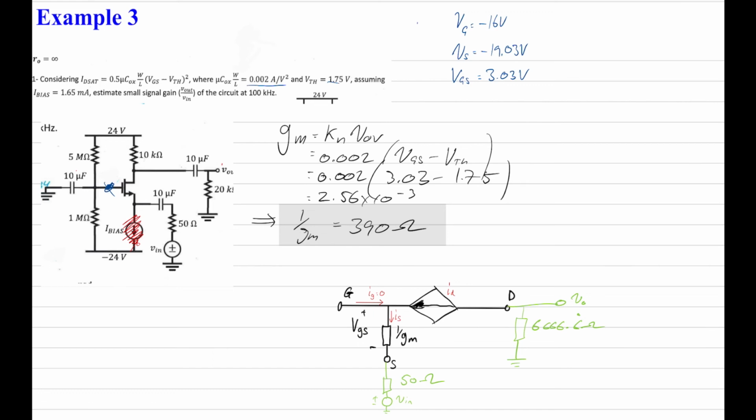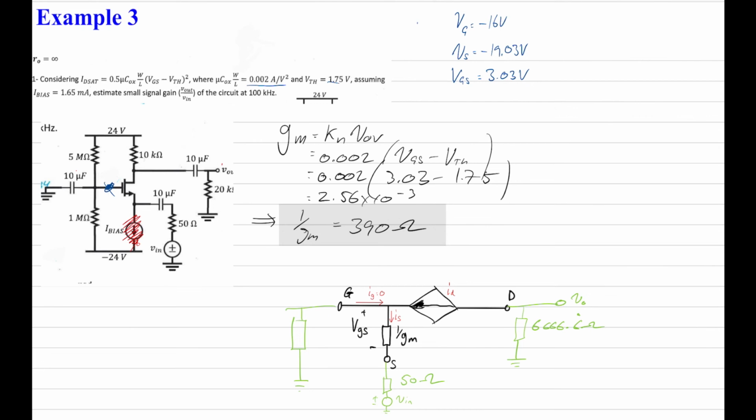And remember, we're AC now, fairly high frequency, 100 kilohertz. So what we're going to have is that, again, this is going to be grounded, this is going to be grounded, so we've got two resistors here and here in parallel connected to ground. And those two, if we do that, 5 times 10 to the 6 times 1 times 10 to the 6 divided by 6 times 10 to the 6.